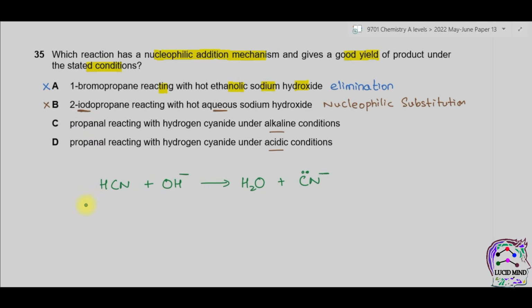So let's see how it reacts with propanal. Propanal means we have 3 carbons and it is an aldehyde, so CH3, CH2, C double bond O, H. What will happen is that this CN is going to attack this partial positive carbon and the bonded pi electrons will shift to this oxygen. So we have CH3, CH2.